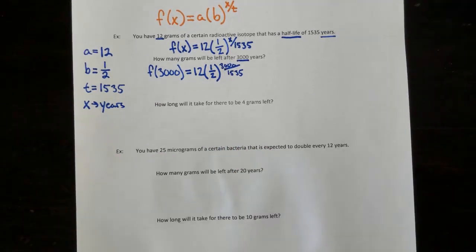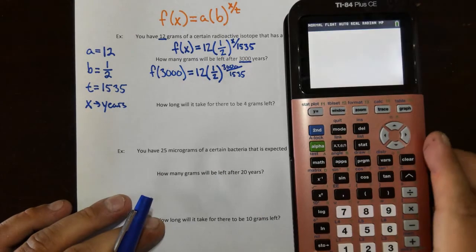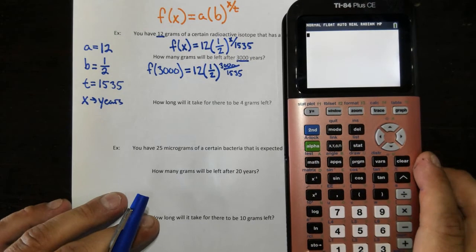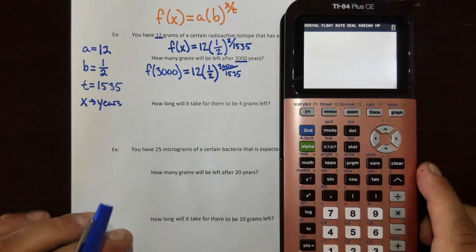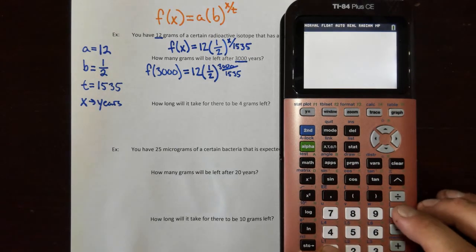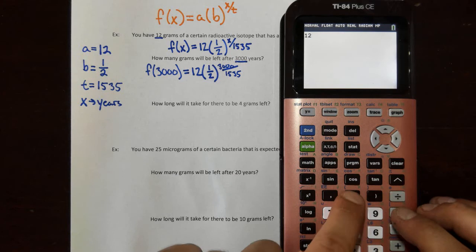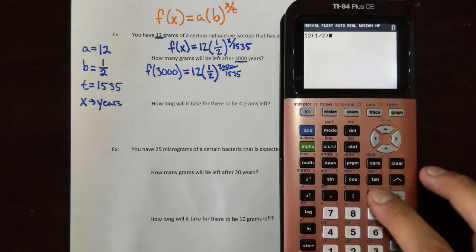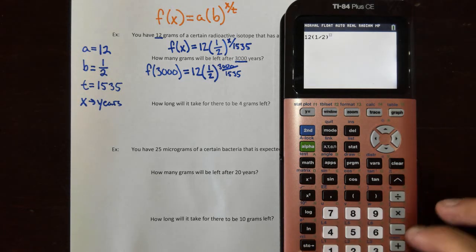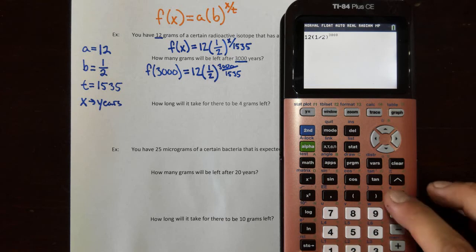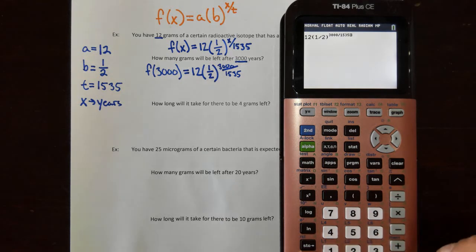And that's really it. If you have a calculator at home that can do this, I would recommend using it. So we can say 12 times 1 over 2 to the 3,000 divided by 1535 power.